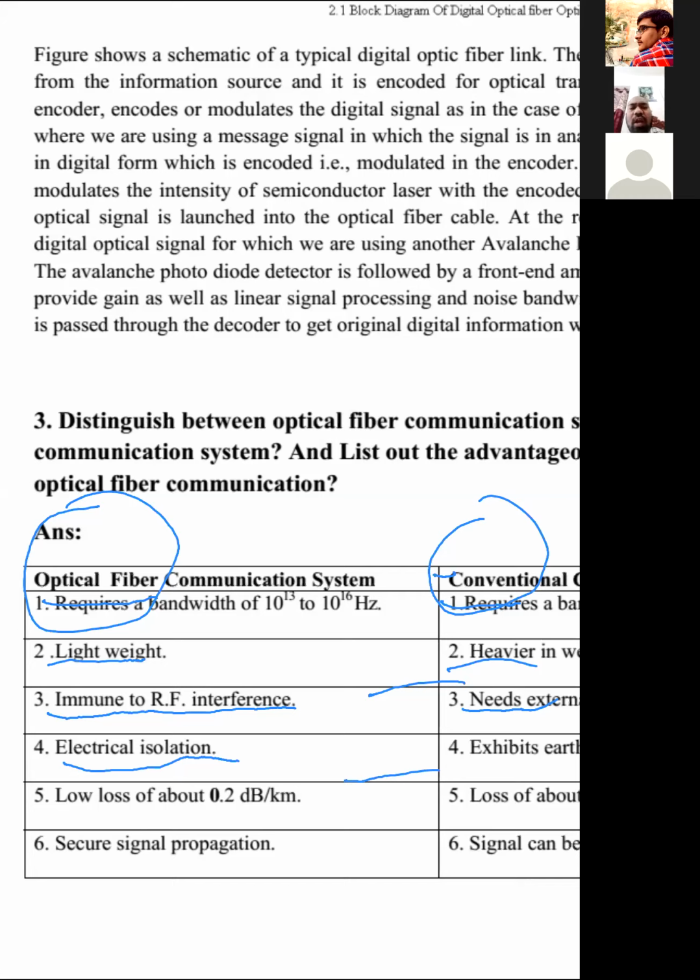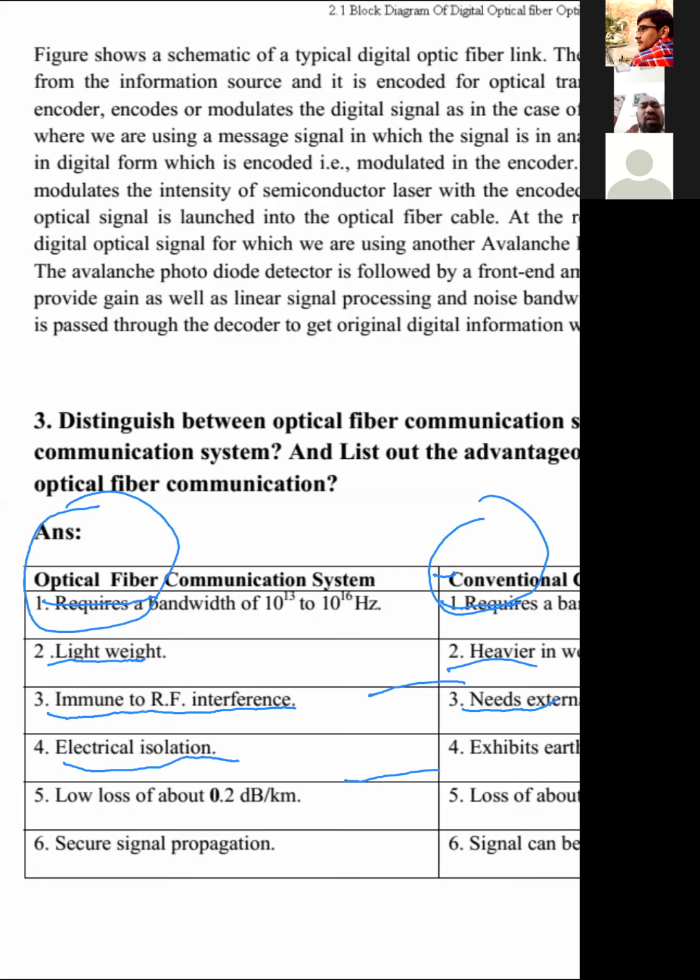Now, talking about loss, for every 1 kilometer of cable, only 0.2 dB loss is encountered using optical fiber cables. There is a loss of 0.2 dB for every kilometer, whereas there will be a loss of 10 dB for every kilometer in conventional communication systems.